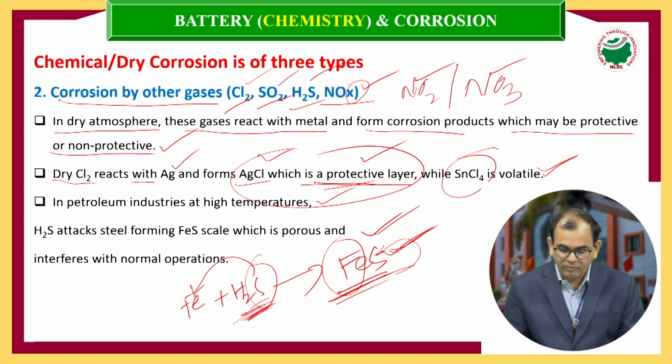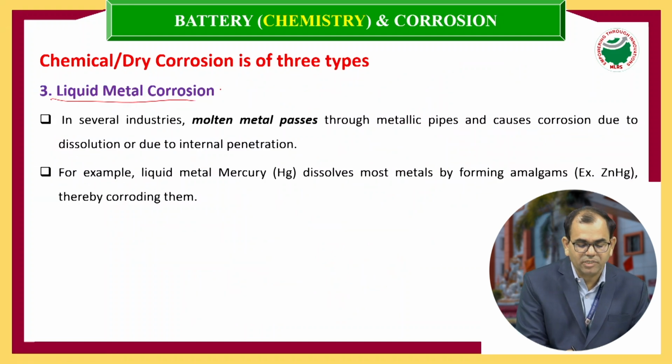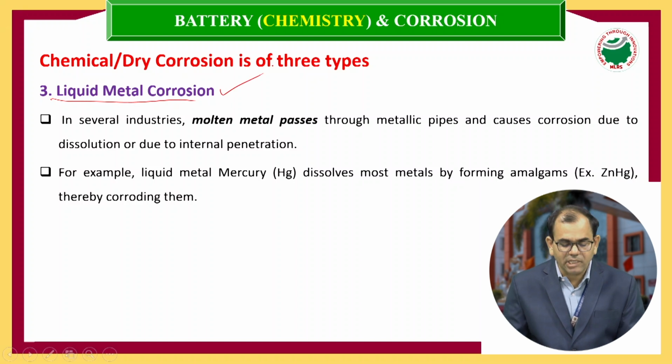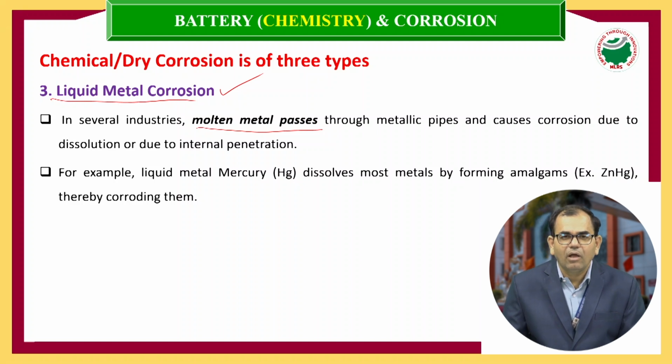Okay. Now the third one is liquid metal corrosion. Liquid metal is nothing but molten metal. For example, if we heat aluminum at high temperatures, more than 150 degrees centigrade, what will happen? All the aluminum utensils or aluminum wires will become liquid aluminum.